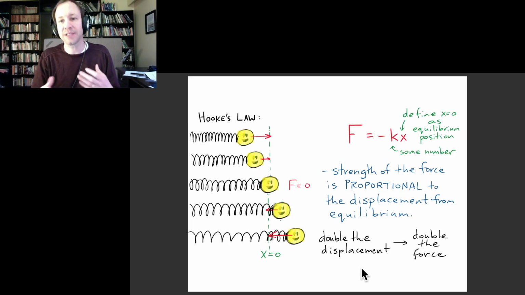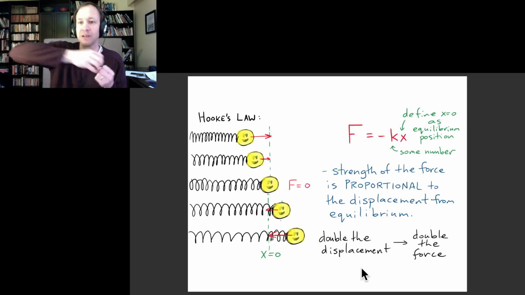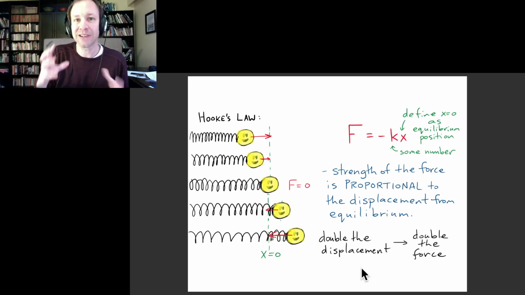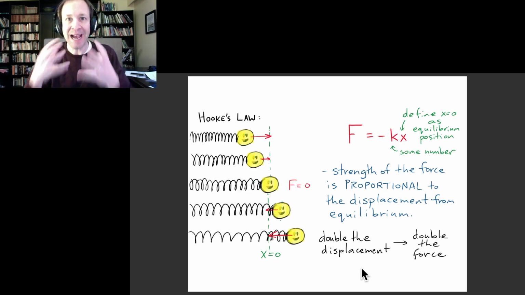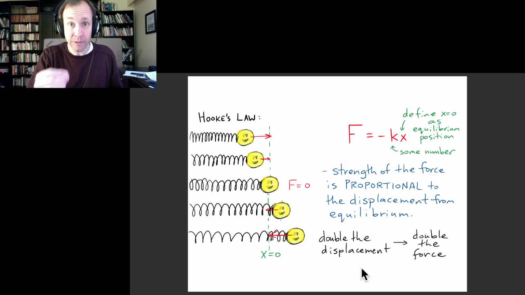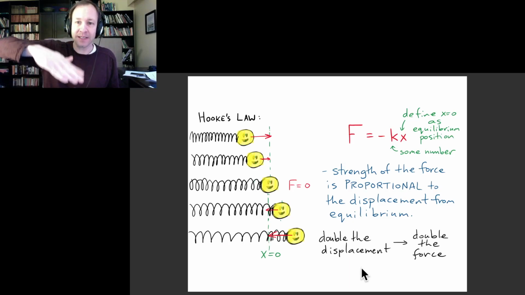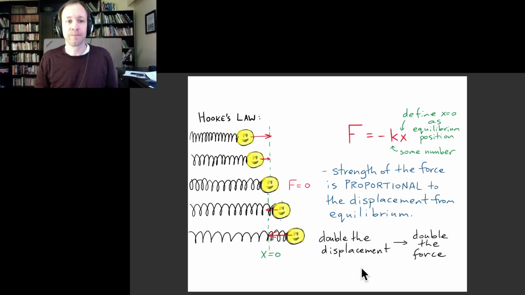So it's not just that the force gets stronger as I increase the distance, it gets stronger in this very particular way. And as I said before, that happens to be the actual way that these restoring forces get stronger, as long as you don't displace things very much. So for very, very many systems.